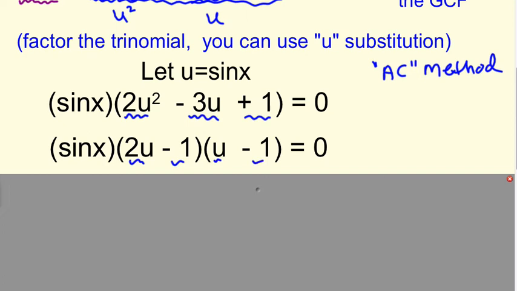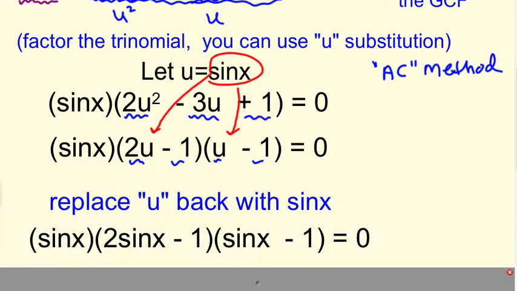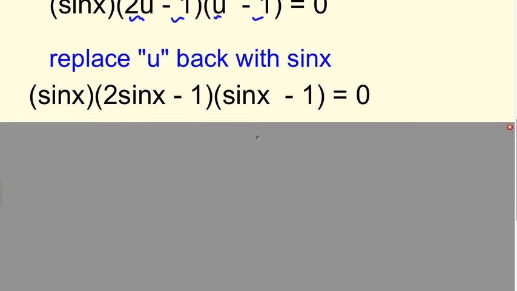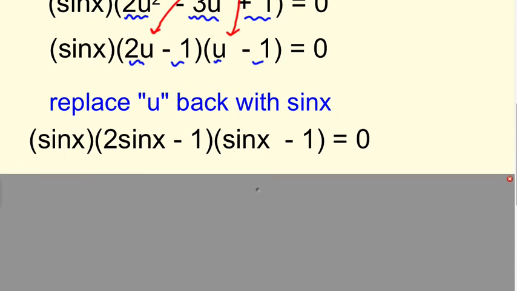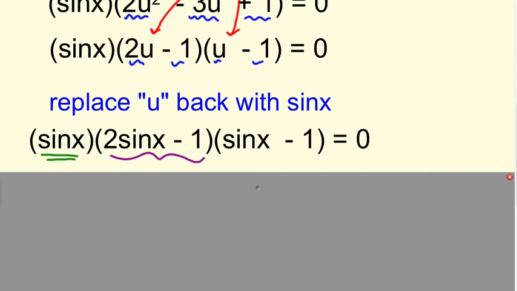Now all you do is take those sines of x and replace them back in for your u. So now I have my equation completely factorized. I have 3 factors. I have that GCF of sine of x, and then I have 2 sine of x minus 1, and then I have my sine of x minus 1.